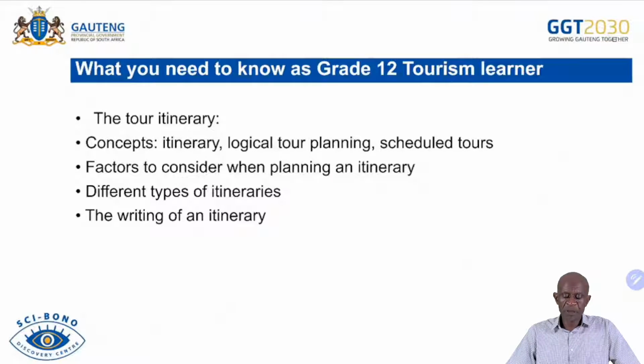What do you need to know as a grade 12 tourism learner? You need to know the tour itinerary. The concepts that go along with it are itinerary, logical tour planning, scheduled tours, and coupled with that, you'll find the factors that need to be considered when planning an itinerary.